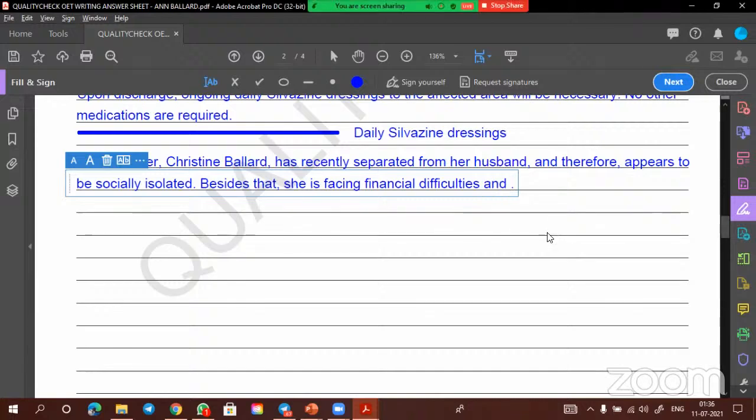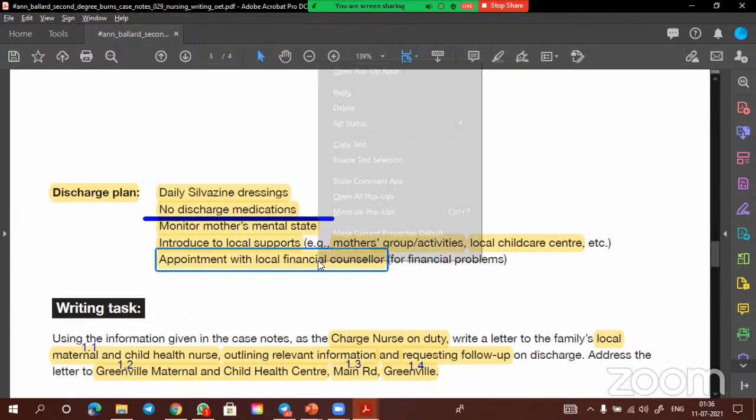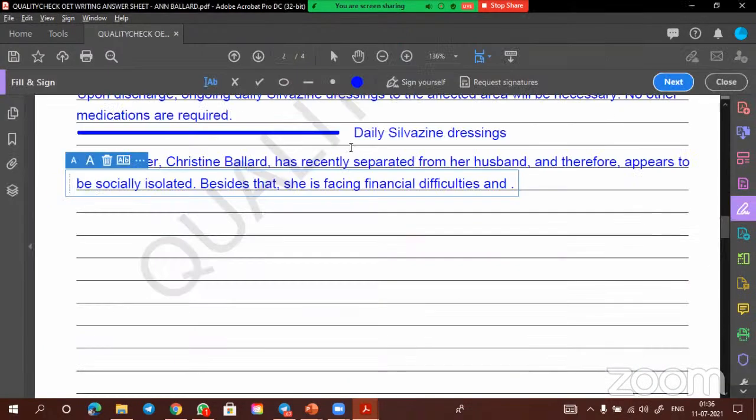Now let's go there again. So this one, copy text, because we cannot remember everything. So I'm copying and putting it there. Now this word is here. Let us take this one. Now here, appointment.